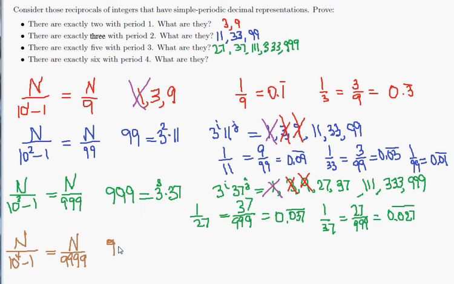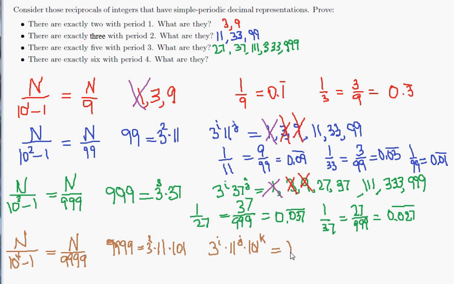Well, this factors as 3 squared times 11 times 101. And so the factors will have the form 3 to the i times 11 to the j times 101 to the k, where i is 0, 1, or 2, j is 0 or 1, and k is 0 or 1.